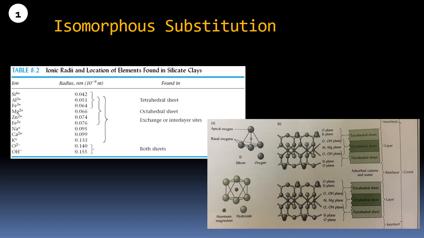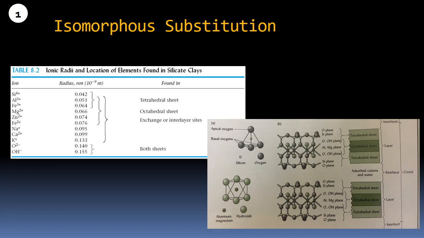But I guess now, as I said, this process, isomorphous substitution, requires that you change the central element at the center of the tetrahedron or the octahedron with something that has almost the same size, but a lower charge, and at the end of the day it ends up increasing the negative charge.